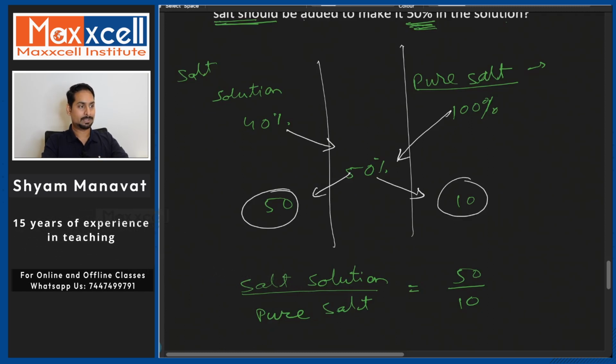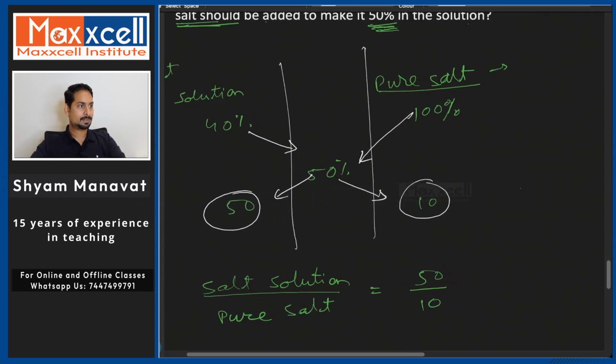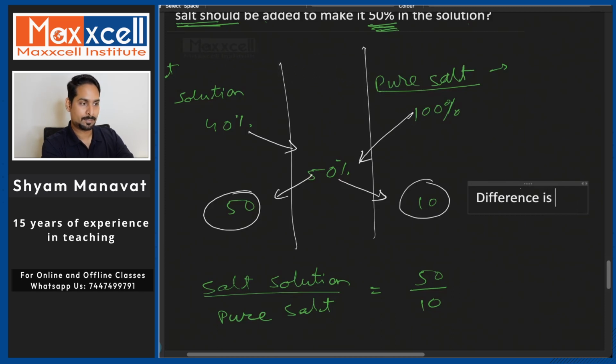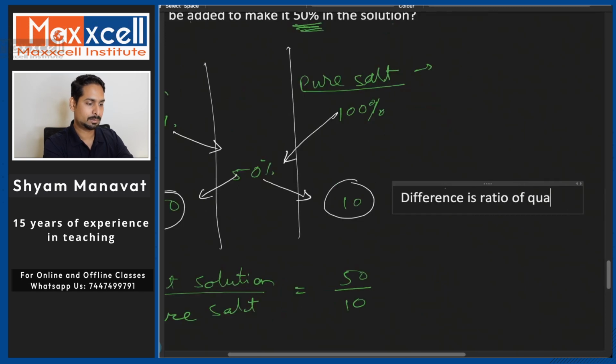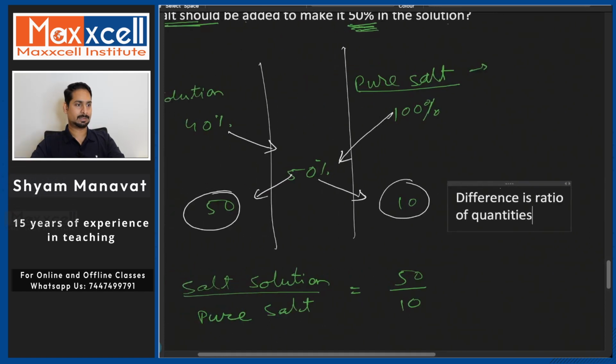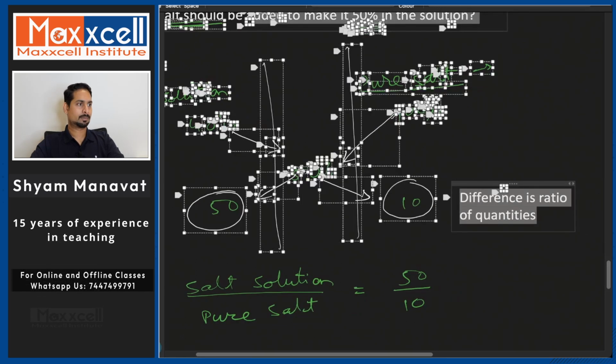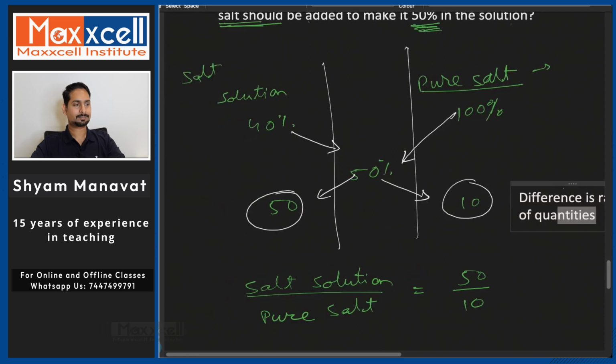Please keep writing this. This difference will always get you a ratio of quantities. Keep this in mind.